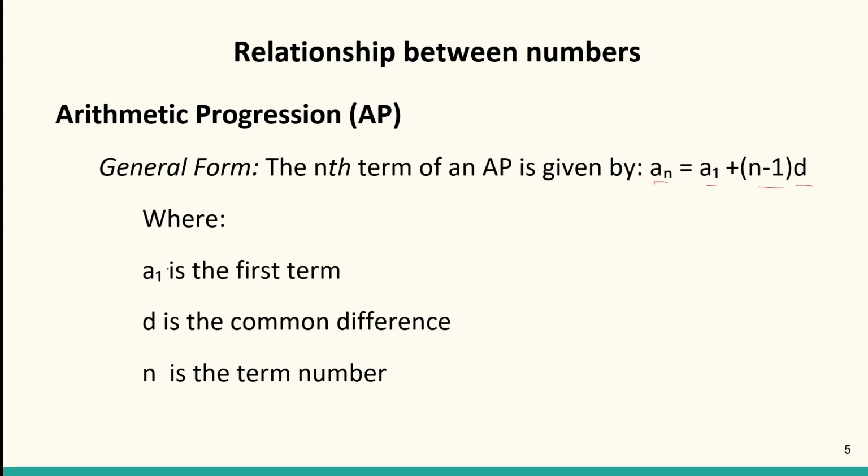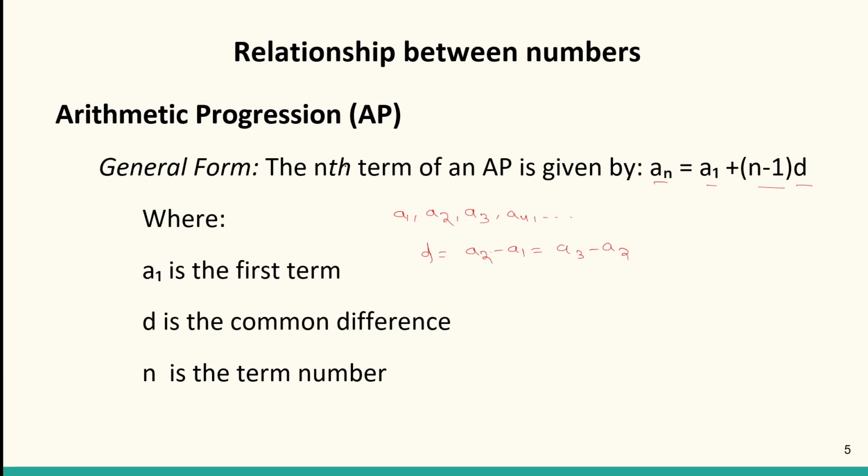So let's do it. a1 is the first term. In the arithmetic progression, a1 is the first term, a2 is the second term, a3 is the third term, a4 and so on, and d is the common difference. d is nothing but a2 minus a1, which is equal to a3 minus a2, because the difference is the same.